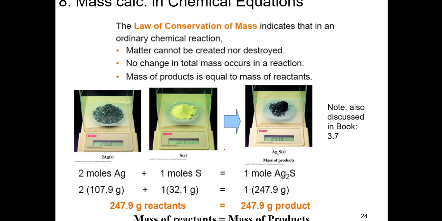Now, we assume that the mass of the reactants, in this case silver and chloride, is going to equal the mass of the products, in this case silver sulfide. So we call this the law of conservation of mass.